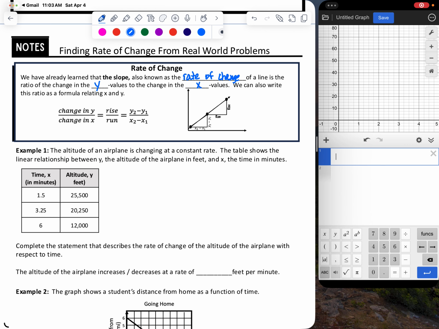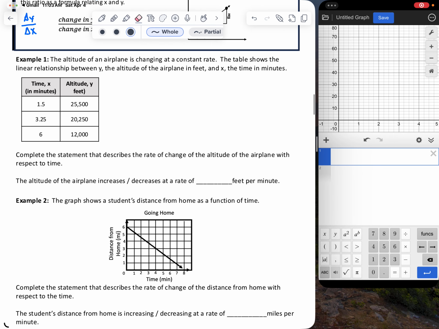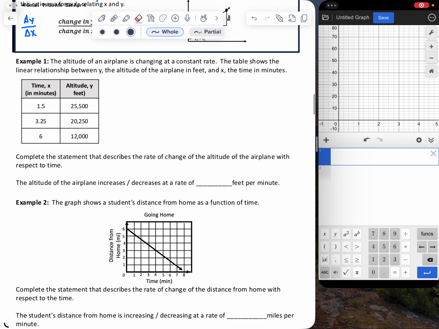We can also write this as change in y over change in x, which for short would be delta y over delta x, equals rise over run, or we can use the slope formula y2 minus y1 over x2 minus x1. So let's look at some real-world examples of how this might be asked to you.